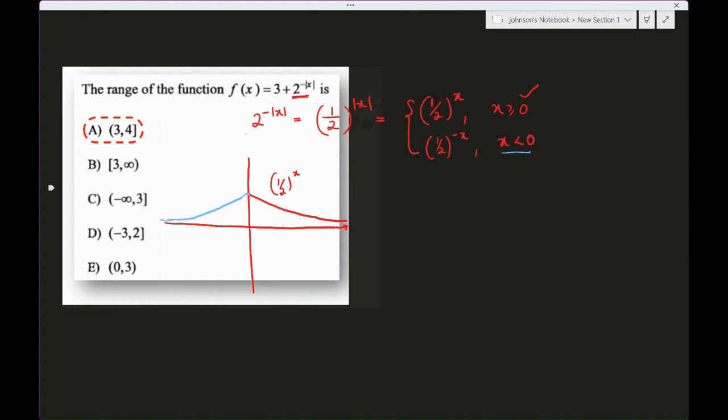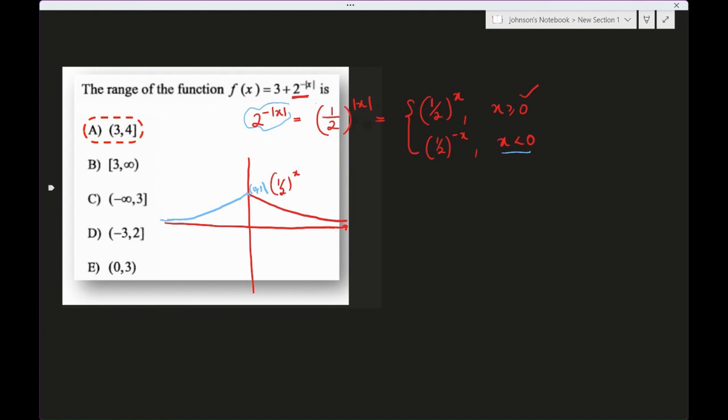And which position is this? Where it cuts the y-axis, it's at 0, 1. Okay, so this is the graph of these two combined together. It gives us the graph of 2 to power minus absolute value of x.